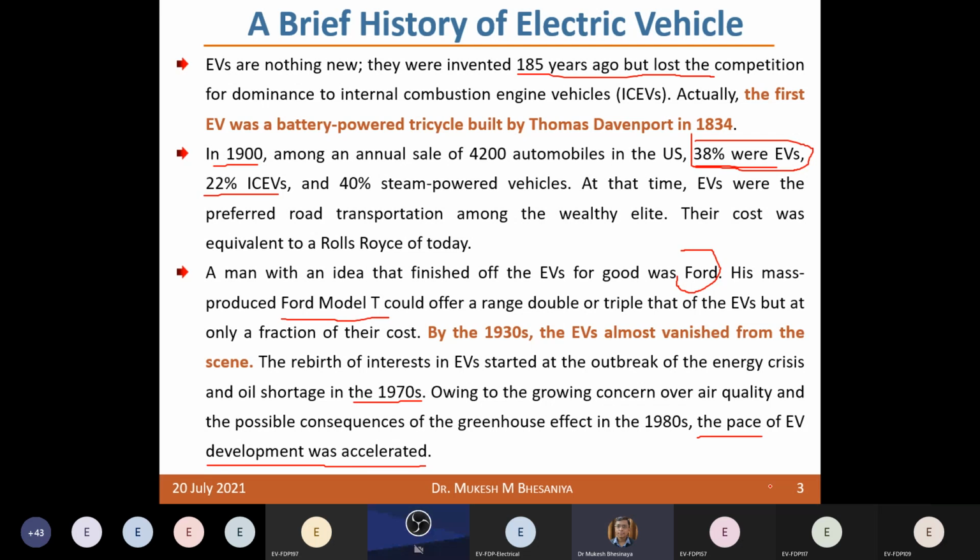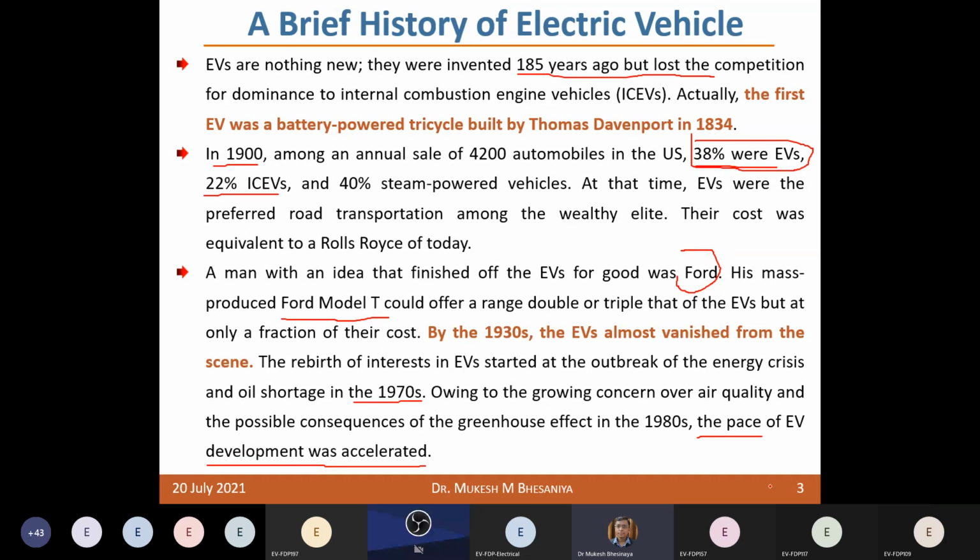Now people are also talking about the concept of battery swapping. Right, so that is also one of the business models being reported in the literature, wherein you swap the battery instead of going for battery charging. There are certain swapping stations.